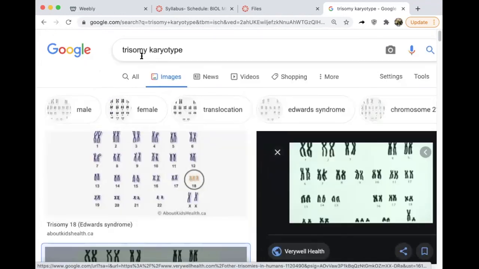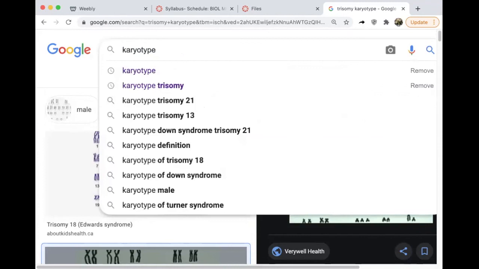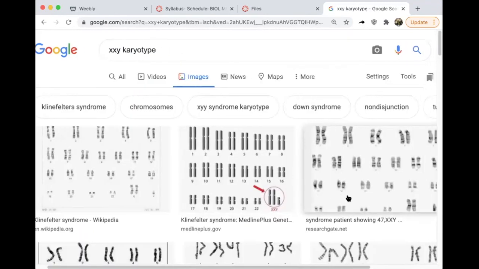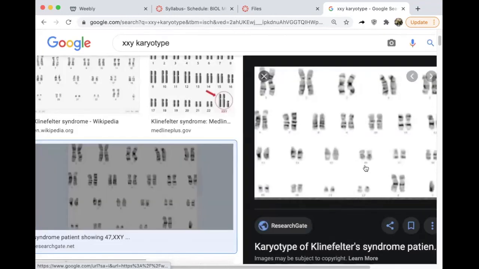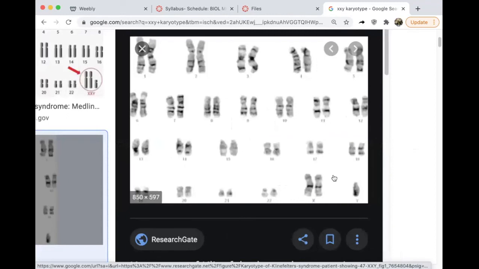There's something else that can happen called Klinefelter syndrome, which is where there's 2 copies of chromosome X and a copy of chromosome Y. And the resulting individual is going to be phenotypically male, but with some female characteristics.